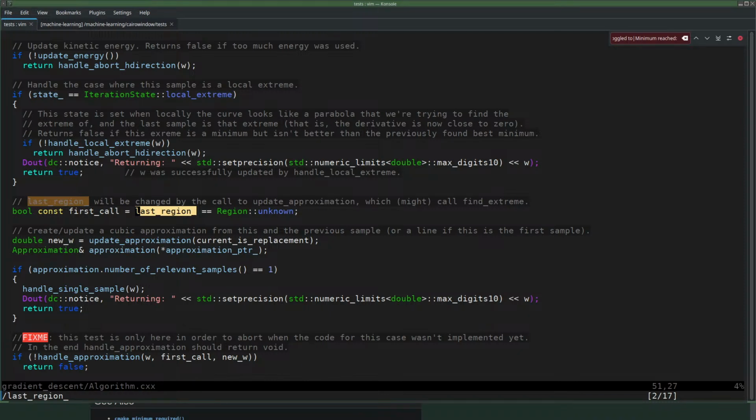Yep, that variable name first call is really bad. It doesn't explain at all what it means.